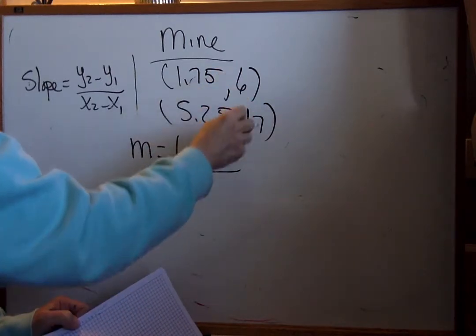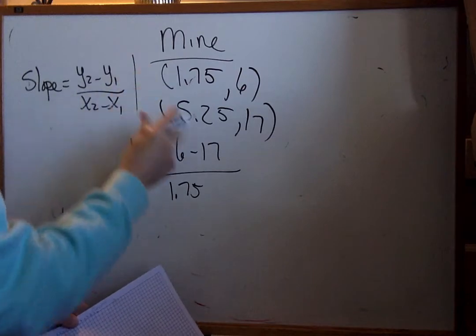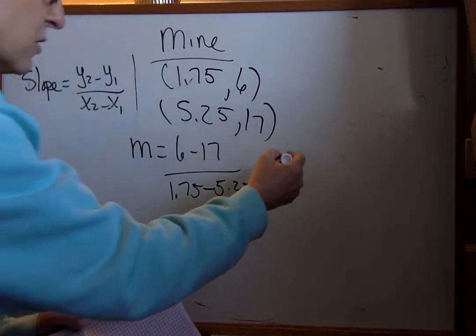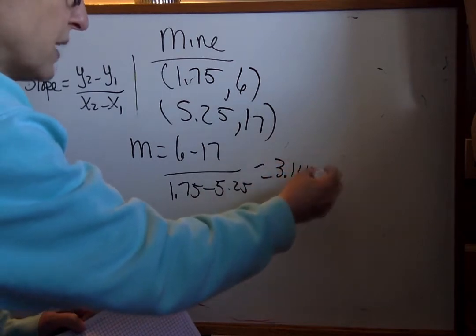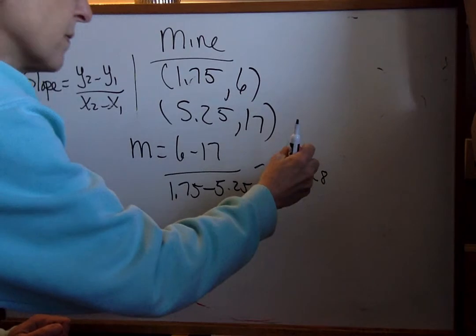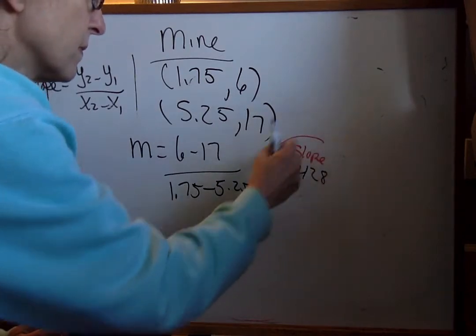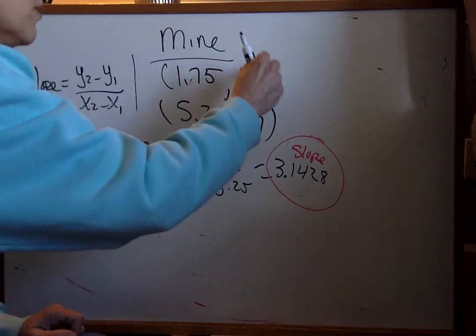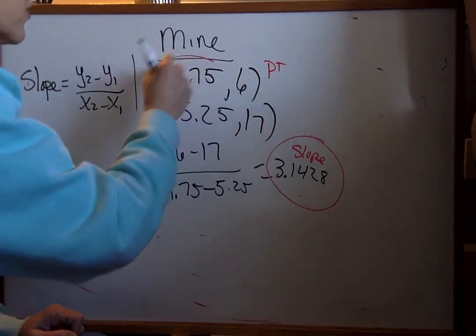Now, if I start top minus bottom, of course, I have to keep going top minus bottom, right? I have to be consistent. That turned out to be 3.1428, okay? So I have my slope, and I have my points, right? This is a point. I know I have 2 points.